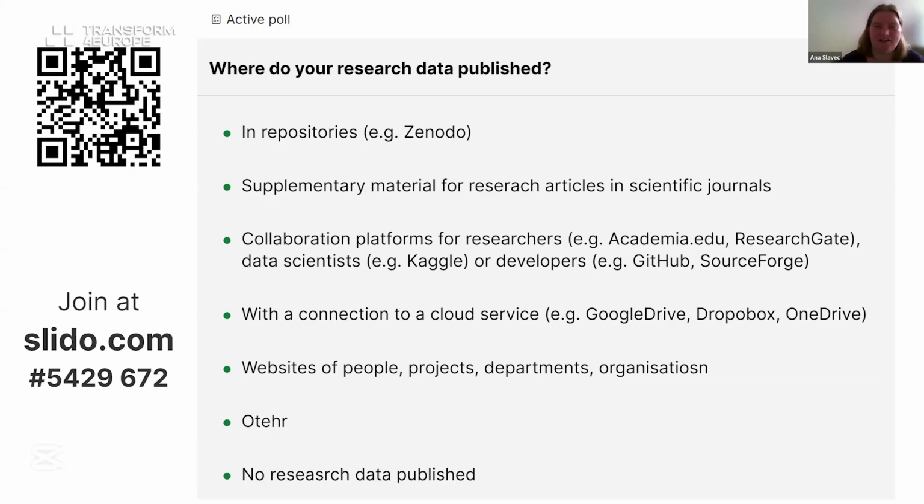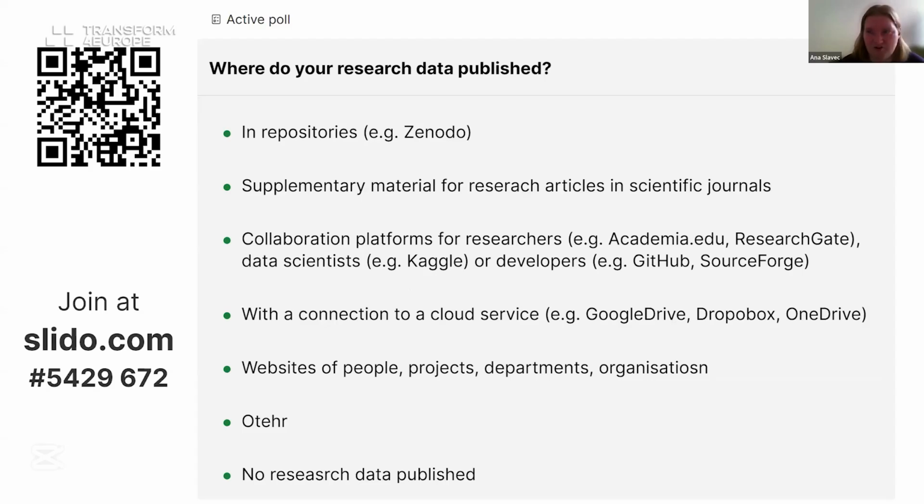But then at some point, this data should also be published in a repository, because GitHub is not a repository. And it's actually very easy. There is a connection between GitHub and Zenodo. So with just a few clicks, the data that you have on GitHub, you can save it also in a trusted repository such as Zenodo.